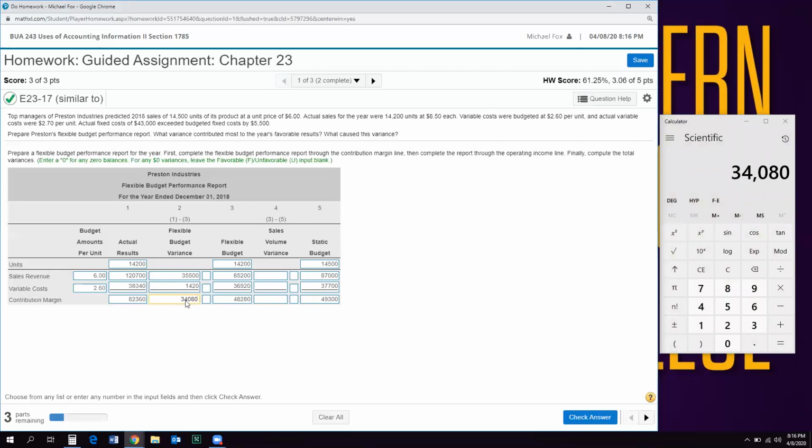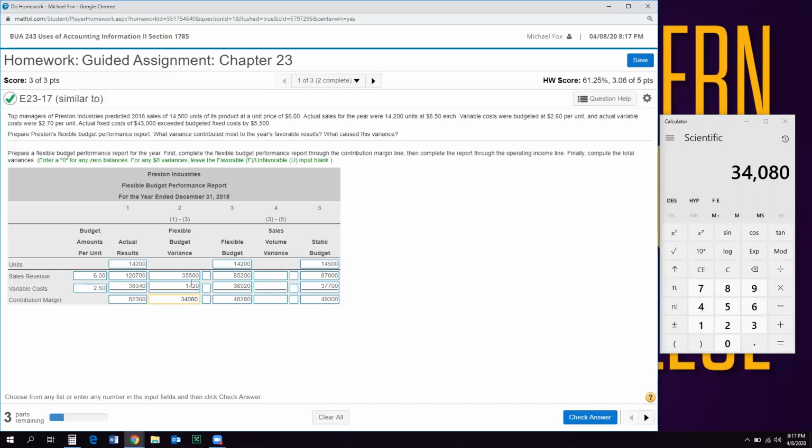Like I said, this is an absolute value, so even if these had been negative, we're still going to show them as positive. Then we have to assess whether these are favorable or unfavorable. We don't ever show things as negatives. Instead, we say favorable or unfavorable. As we compare the flexible budget variance, we ask were our actual results better or worse than we expected.